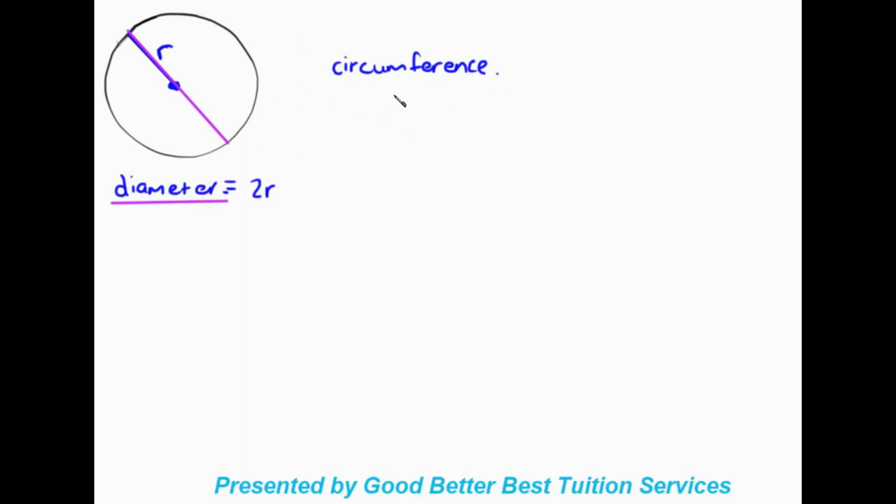And the way that we would calculate that is, we'd say circumference is equal to 2 pi r. So if somebody asks you to work out the perimeter of a circle, it's 2 pi r. And if they say circumference, you know it's 2 pi r. So circumference and perimeter of a circle is basically the same thing, it's just represented by different words. And then if you're moving on to the area of a circle, it is pi r squared.